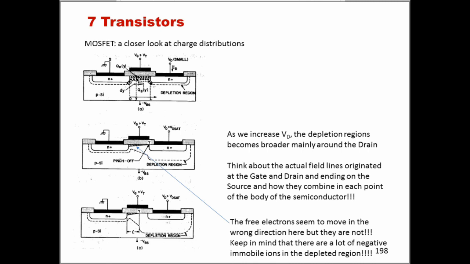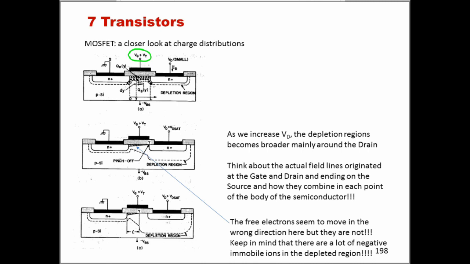We've said previously that the key operating principle of the MOSFET transistor is that when we apply gate voltage VG that is bigger than a certain threshold, then we create a channel in the transistor made of minority carriers, that in this case will be electrons, that bridge the source and the drain.